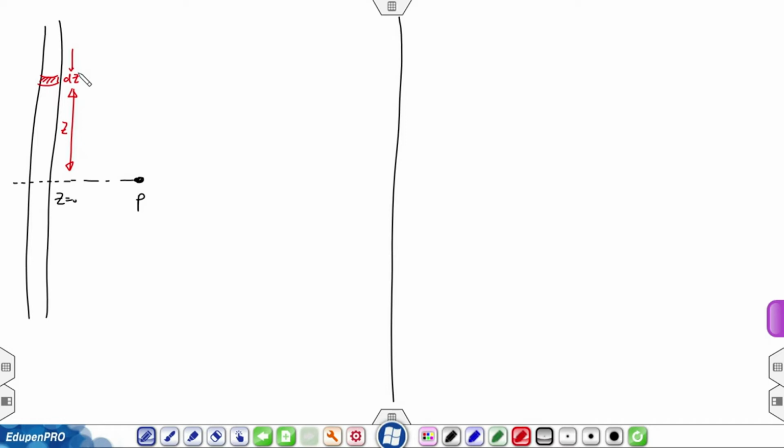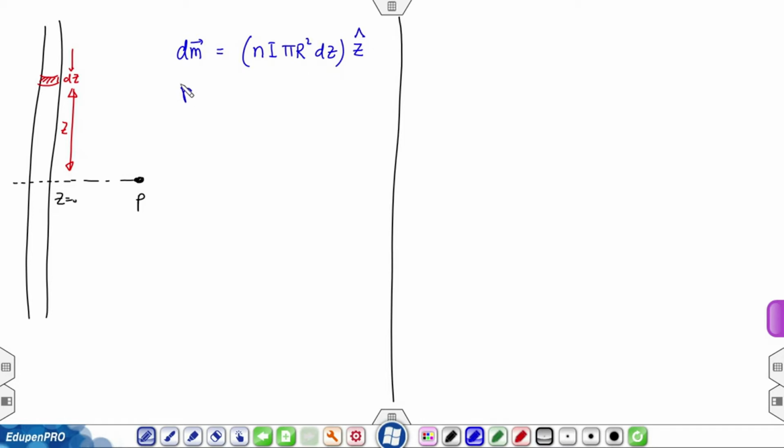So, dm for this section is going to be n I pi r square dz in the z direction.